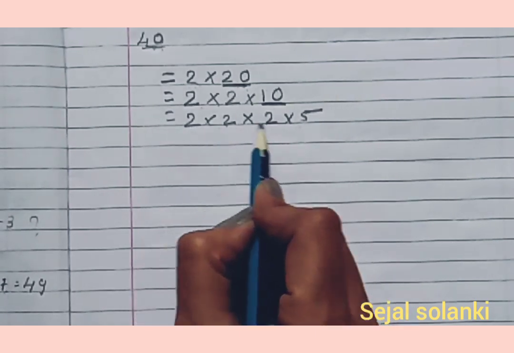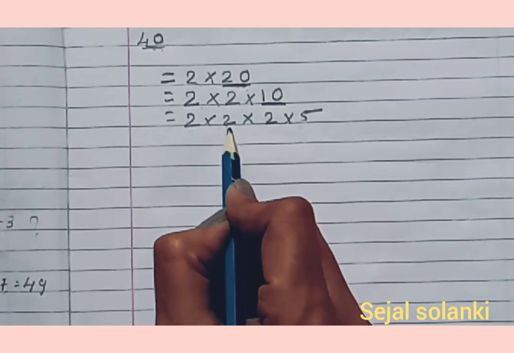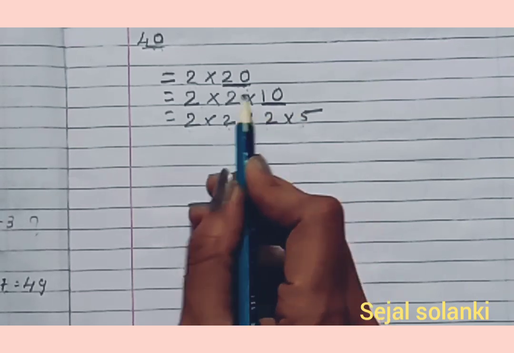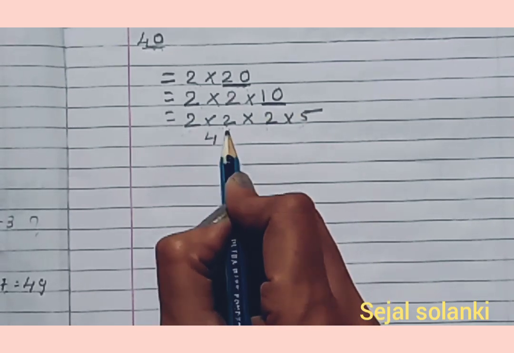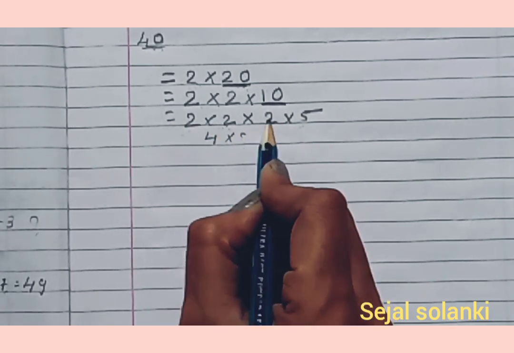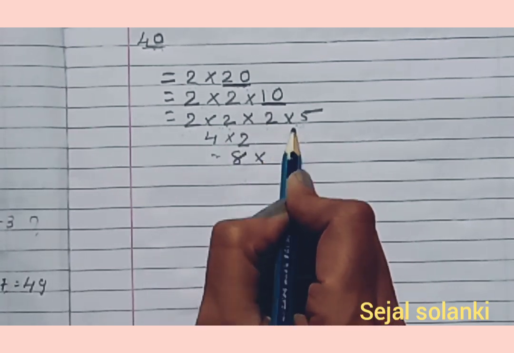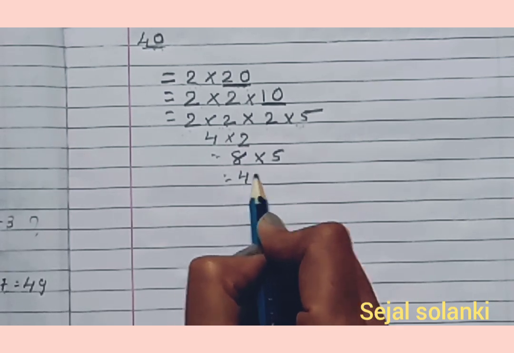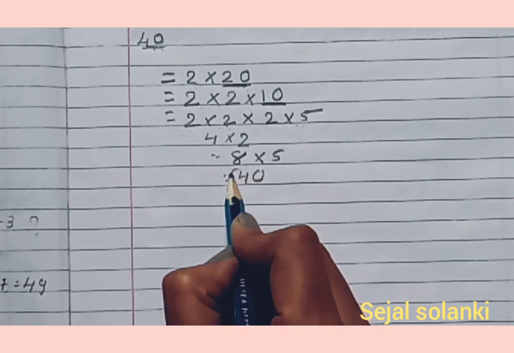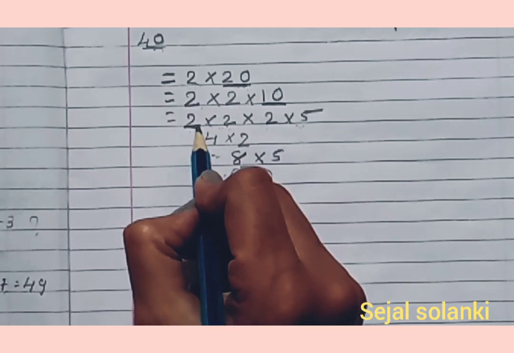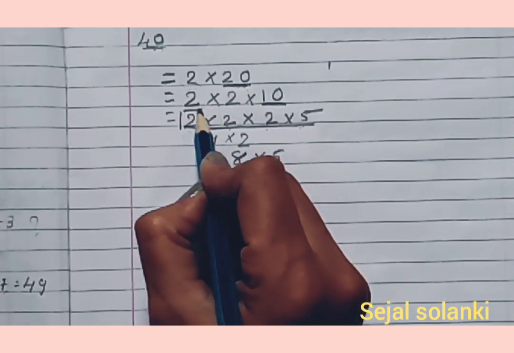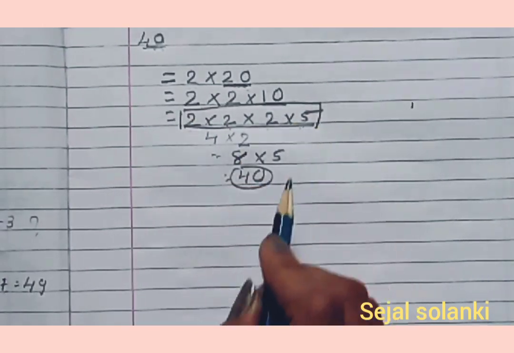So the factors of 40 are 2 into 2 into 2 into 5. 2 into 2 is 4, 4 into 2 is 8, and 8 into 5 is 40. So we got the answer. So these are the prime factors of 40.